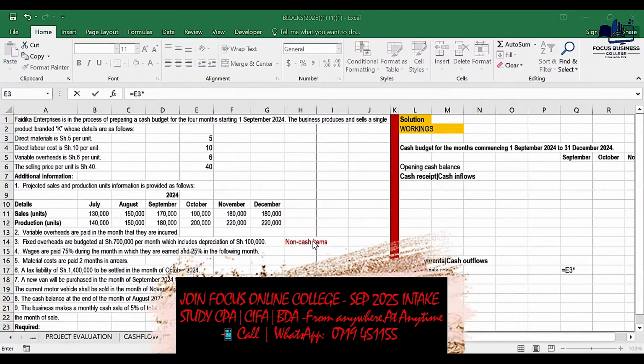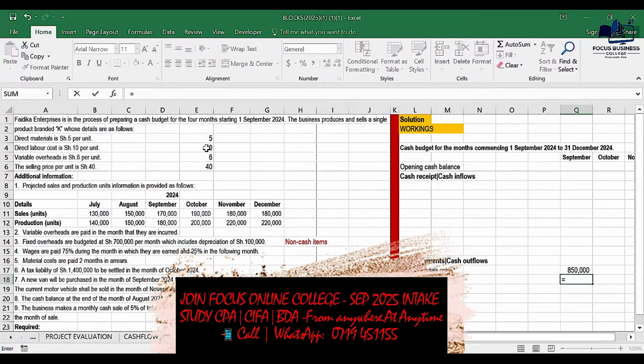Yes, this one should basically be based on the units to be produced. We are going to base this on the unit to be produced. The unit to be produced in September are these ones. So I will enter. Then I will do the same for the direct labor cost.